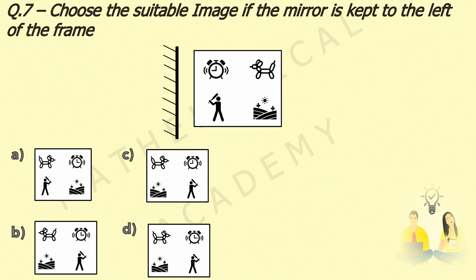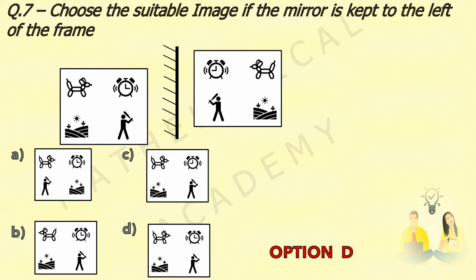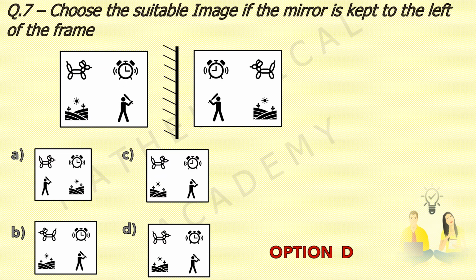Question 7. Choose the suitable image if the mirror is kept to the left of the frame. Answer option D. Here we have to flip the symbols towards the left because the mirror is kept to the left.